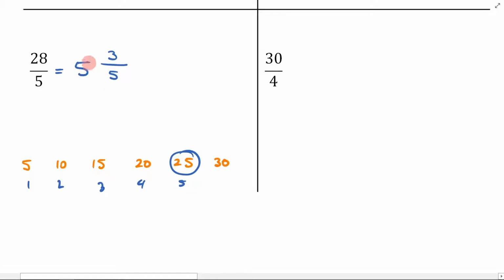That's why we've got a 5 here. And then you're thinking to yourself, all right, well, 28 is there. What's the difference between 25 and 28? It's 3. So then it's 3 on 5 here, so that's 5 there. And that's how we've done it. We have turned an improper fraction into a mixed number. Amazing.